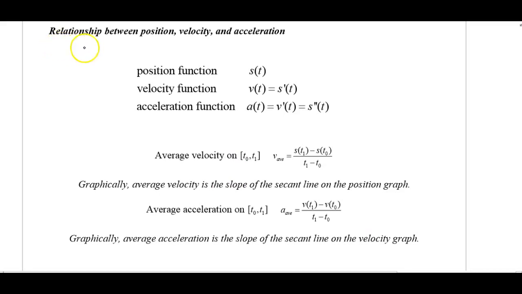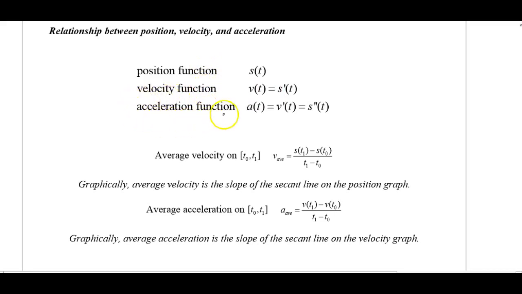Alright, now let's explore the relationship between position, velocity, and acceleration. Suppose we're given a position function and we're going to call it s of t. To find the velocity function, v of t, we take the derivative of the position function, so s prime of t. In other words, the derivative of position is equal to velocity.